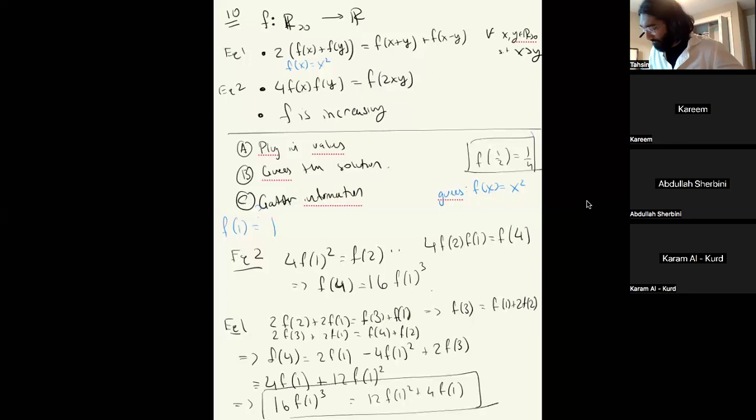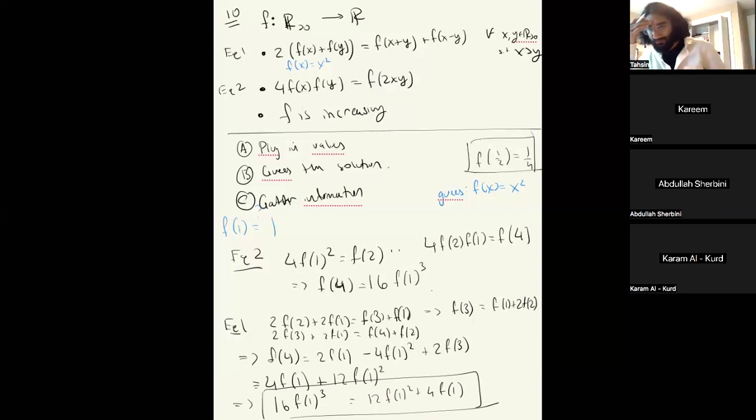So this is what we should have. Does it make sense? Abdullah, Karam, have you guys followed this calculation?